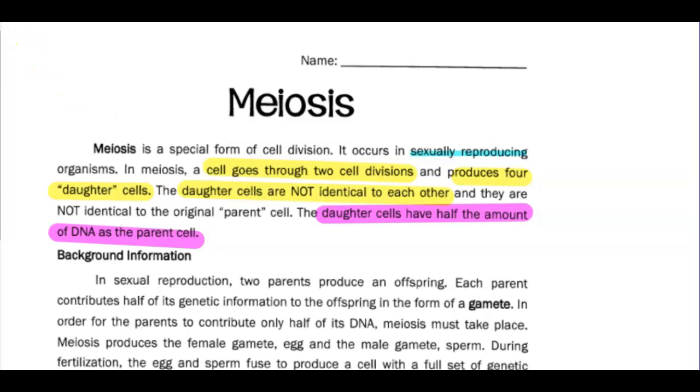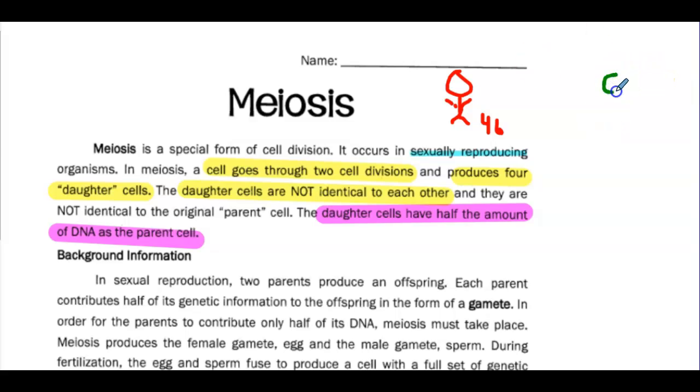Now, the reason that it's important that the daughter cells have half the amount is this. Let's say you are a happy human, and humans all have 46 chromosomes, 46 different pieces of DNA.